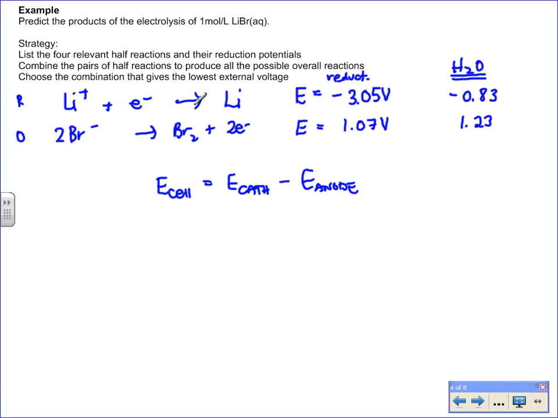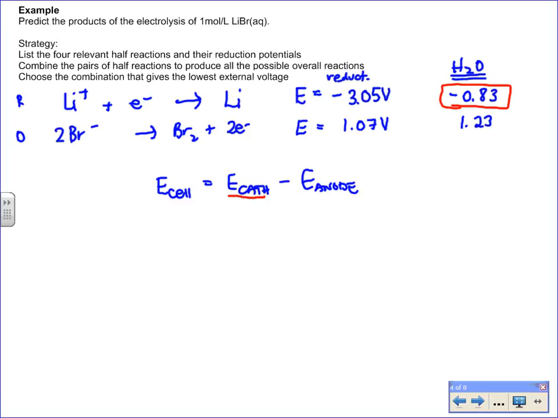So for this part here, we have a choice between negative 3.05 or negative 0.83. This one, which is larger, is going to lead to an E cell that's closer to 0.